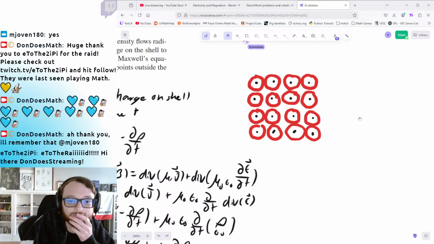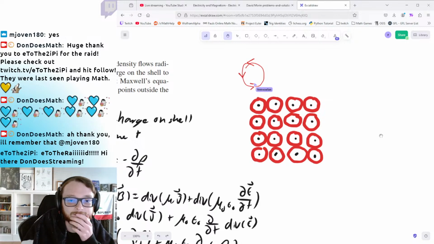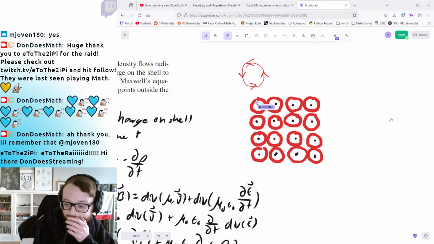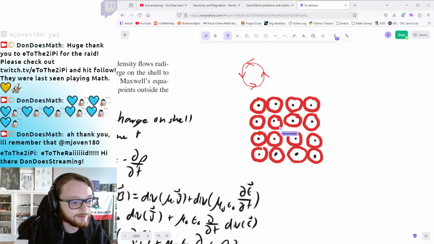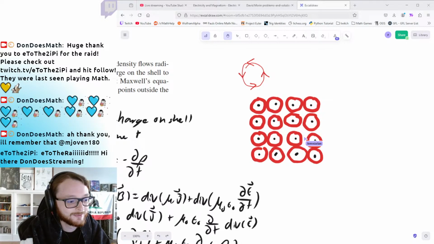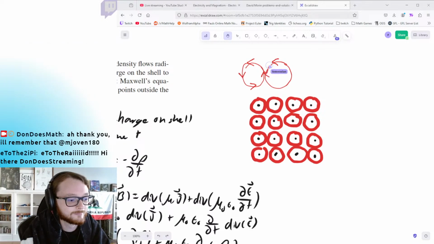So what I'm saying is if they're all going like this, which way is that? Counterclockwise. Then every point where two circles are touching is going to be interfering, right? If I had two of them next to each other like that, where they cross, they want to go against each other here, down and up.